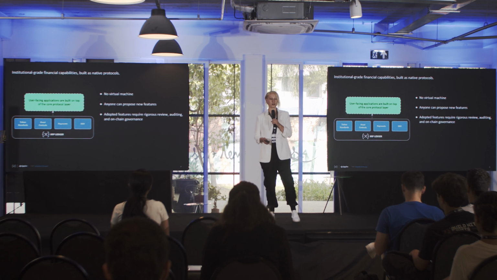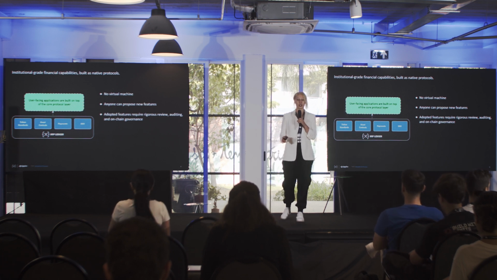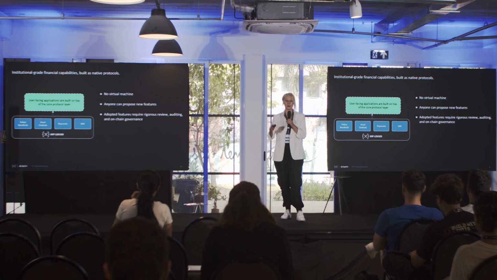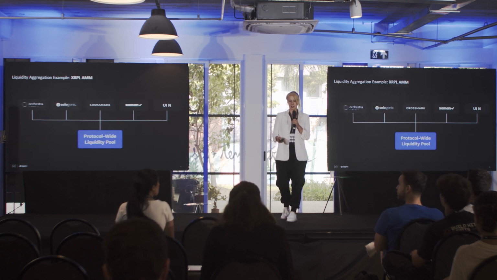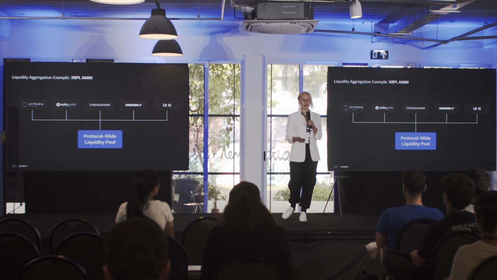So all of these features, functionalities, as I mentioned, exist at the core protocol layer, not in a virtual machine layer, and applications can tap into them by developing using simple APIs. To go to the next slide to give an example of this, you can see at the bottom a protocol-wide liquidity pool within the AMM DEX.